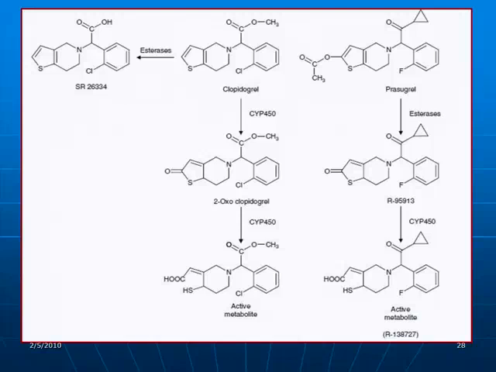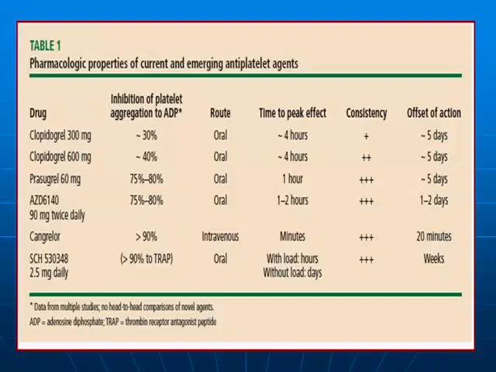So there are some significant advantages of prasugrel, and one of those is the onset of effect. If you look at this slide, the table looking at the different antiplatelet drugs that are available orally, clopidogrel, even at 600 milligrams, you only get about a 40% inhibition of platelet aggregation. It takes 4 hours to see the peak effect.